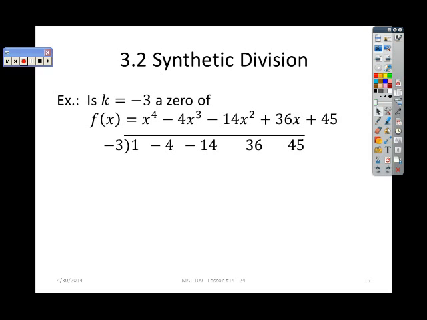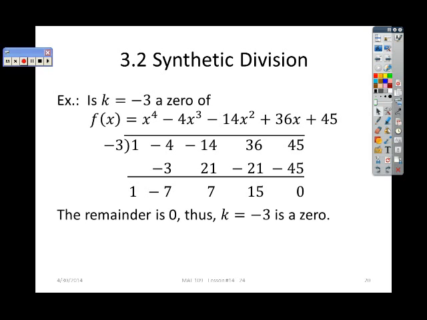So we put -3 out here. We put the coefficients under here. We do the synthetic division. And our last number here turns out to be a zero. Therefore, -3 is a zero of this function.